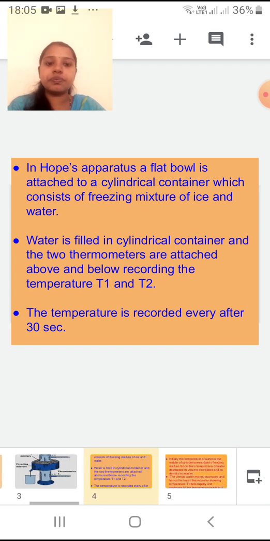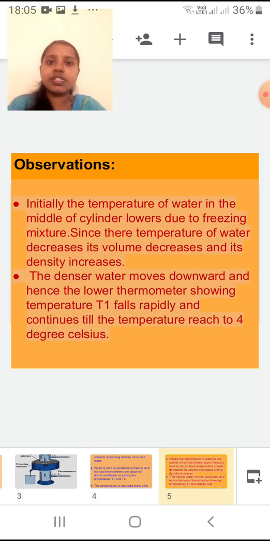Now what are the observations in this experiment? Initially, as I told you, I have taken water at normal temperature in the cylinder. So initially both thermometers, T1 and T2, show the same temperature. But afterwards, as there is a freezing mixture in between, the temperature in the middle will fall.